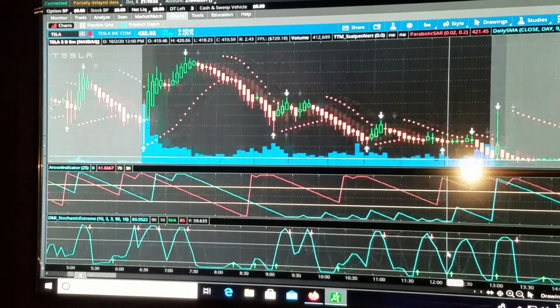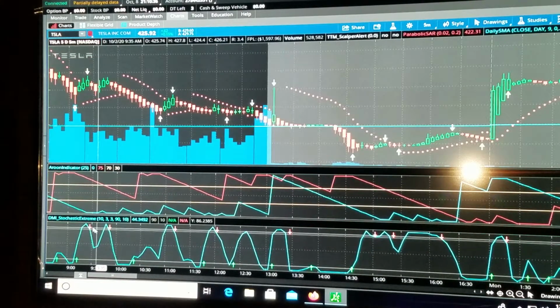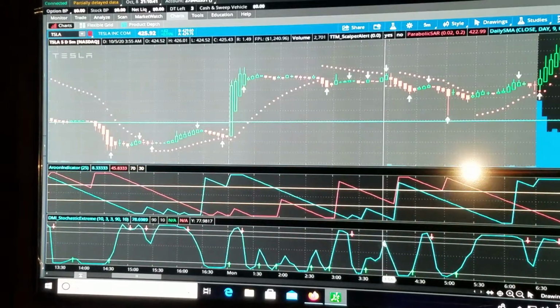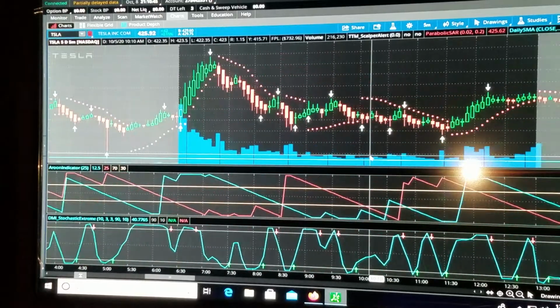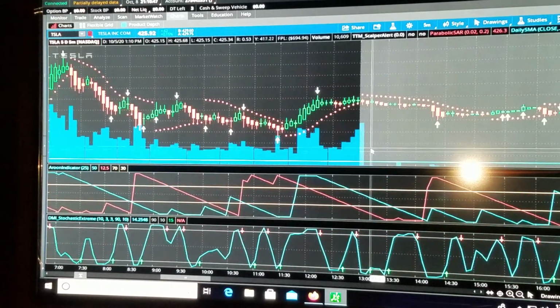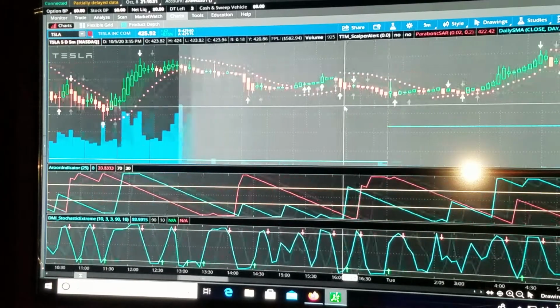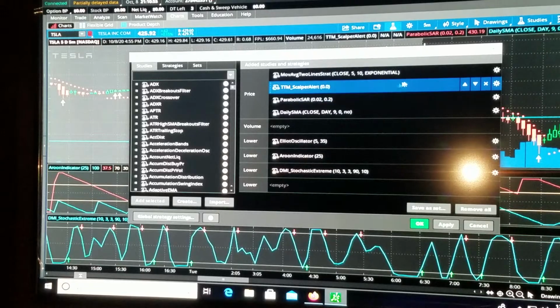So you can see this nice DMI stochastic down here is a very valuable tool, along with your Arun. And of course you can use your pivot points and your SAR, but the idea here is to decide what we want to use for our code.